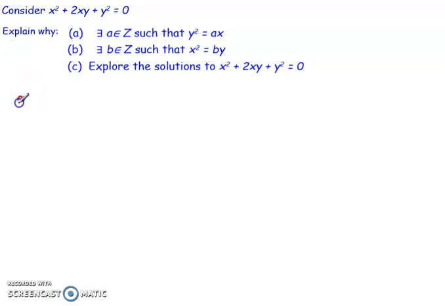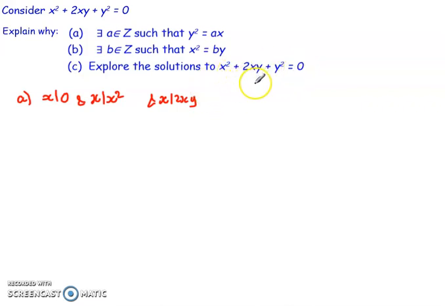So let's start by looking at a. Now, there's four terms in the equation. What we can say is that since x is divisible by 0, and x is divisible by x squared, and x is divisible by 2xy, we can do that for each of the terms within the equation.